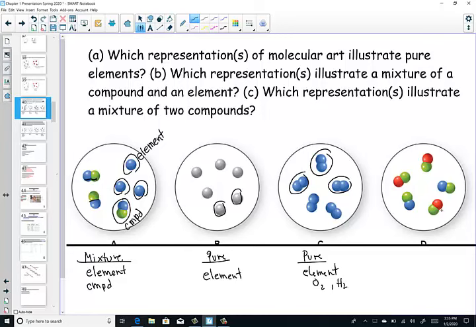And the last one, I can see that I have a variety of compounds. I have a red atom bonded to a green atom, and I have a blue bonded to a green. These are both compounds, so I can see that it is a mixture, blending two or more ingredients together, and I have two different compounds that are blended together.